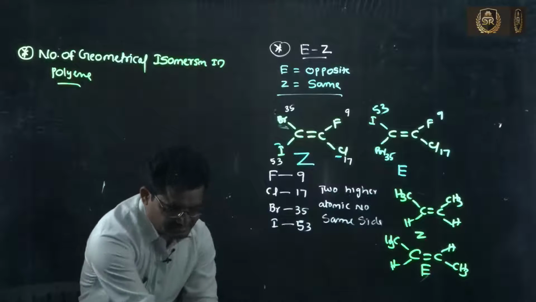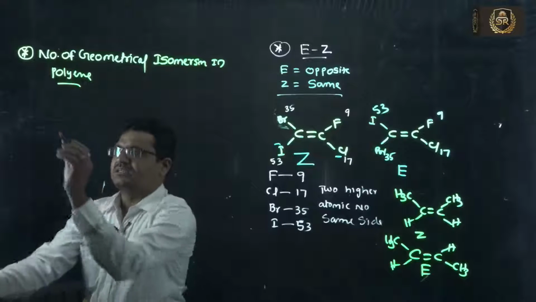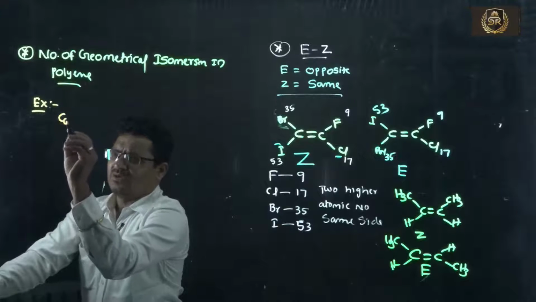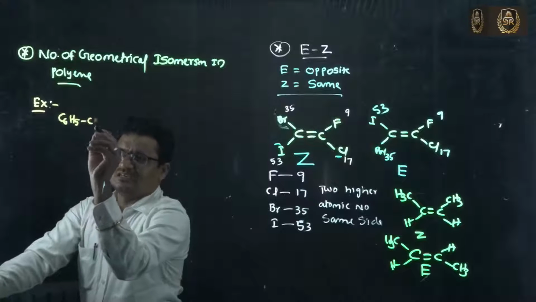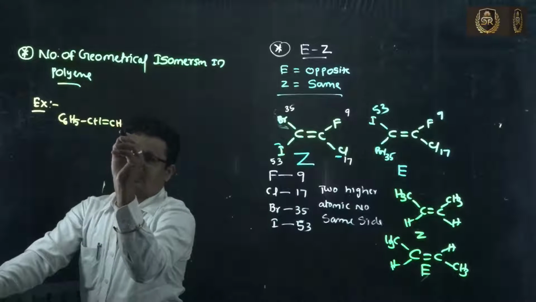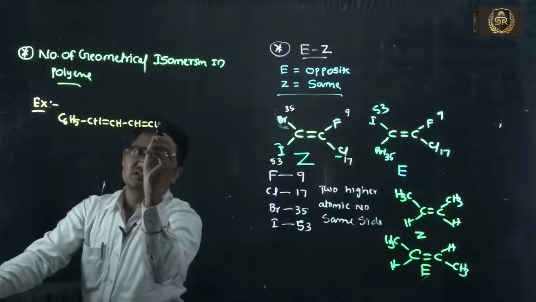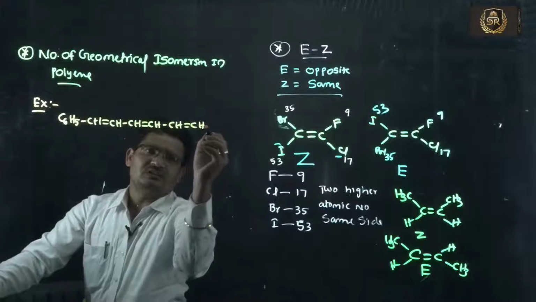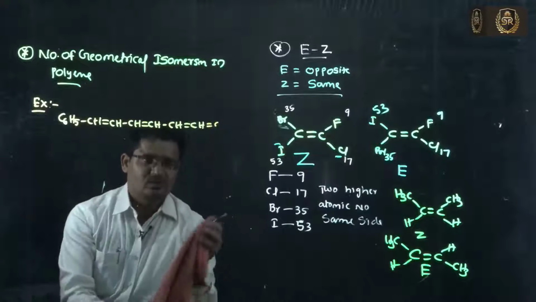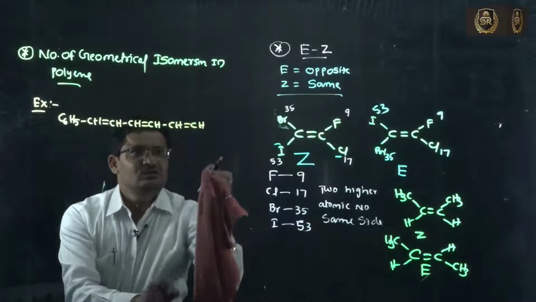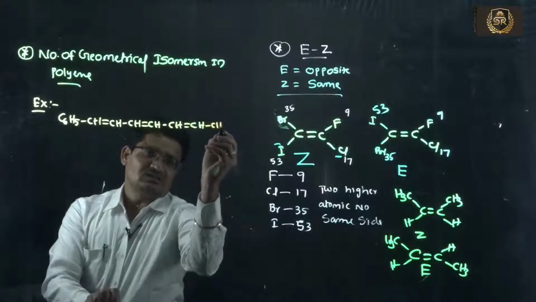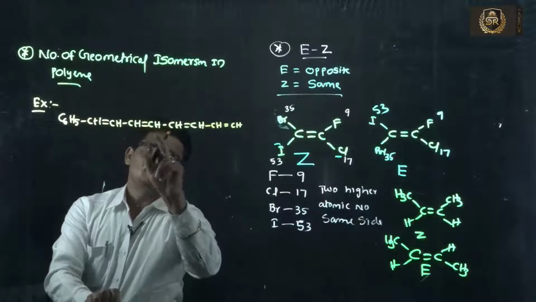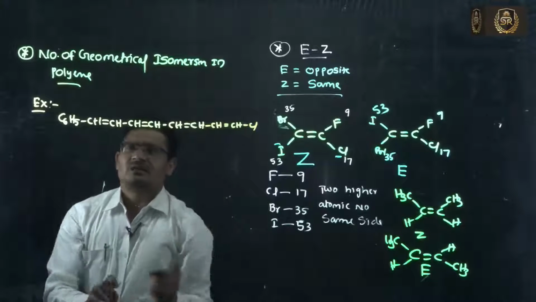Let us take one example. Both ends will be different. Here C6H5, CH double bond CH, single bond, CH double bond CH, single bond, CH double bond CH, single bond, CH double bond CHCl.